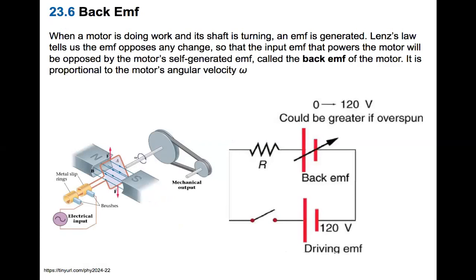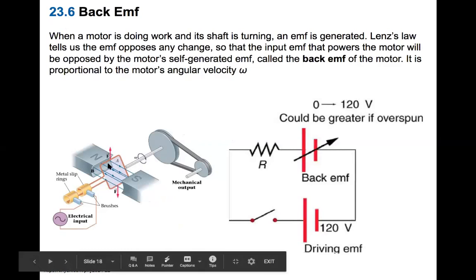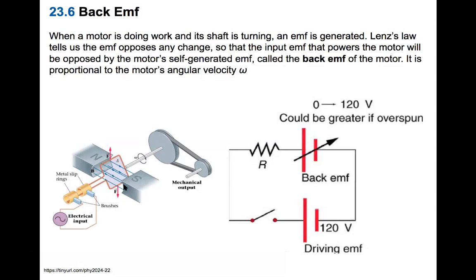That basically tells you what happens when you have an electric motor. When the AC signal comes into the coil, the coil moves, and the mechanical energy is the output.